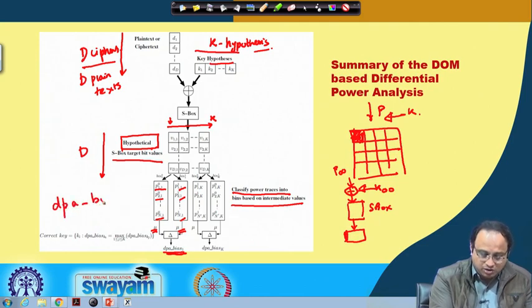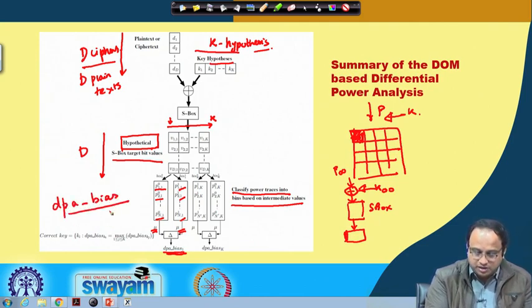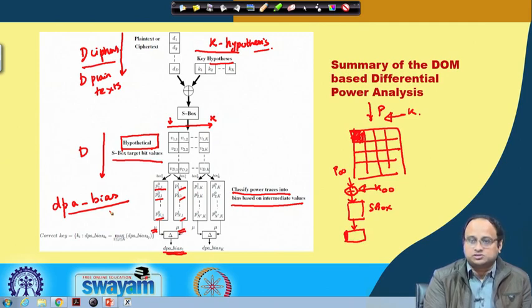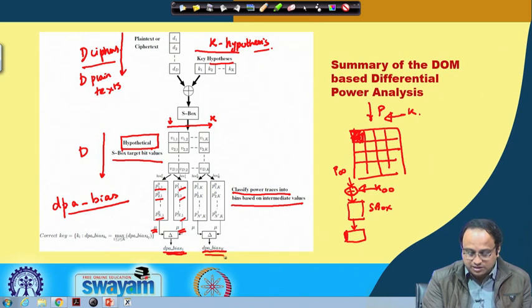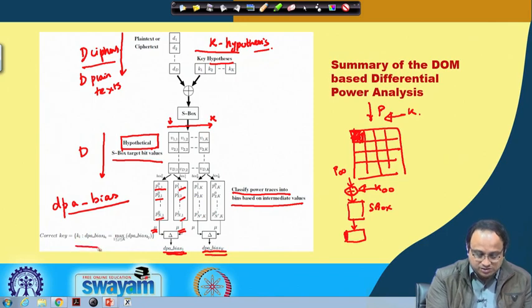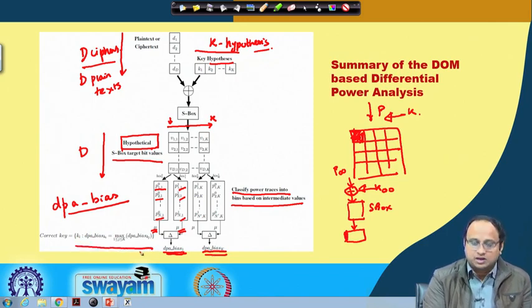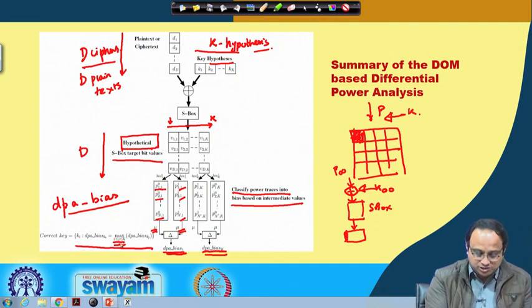I calculate the DPA bias for all my individual key hypotheses. So I have DPA bias 1 to DPA bias k, and my correct key is calculated by this argmax function. It takes all the DPA biases, compares them, and you can see that there are k such candidates, finds the maximum, and the corresponding key value is returned as my candidate key.